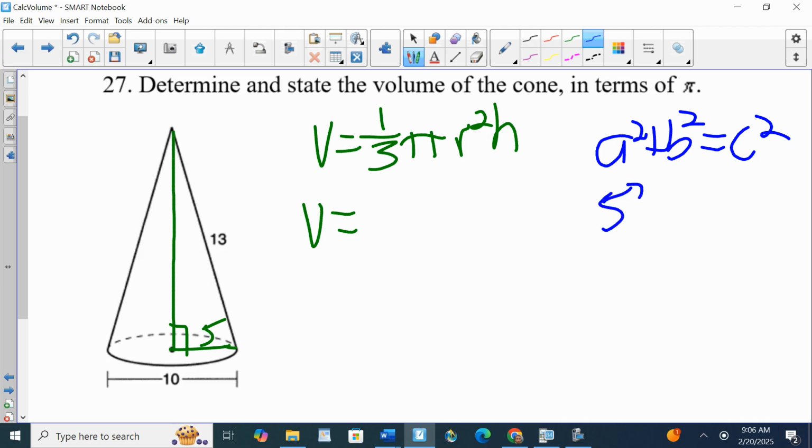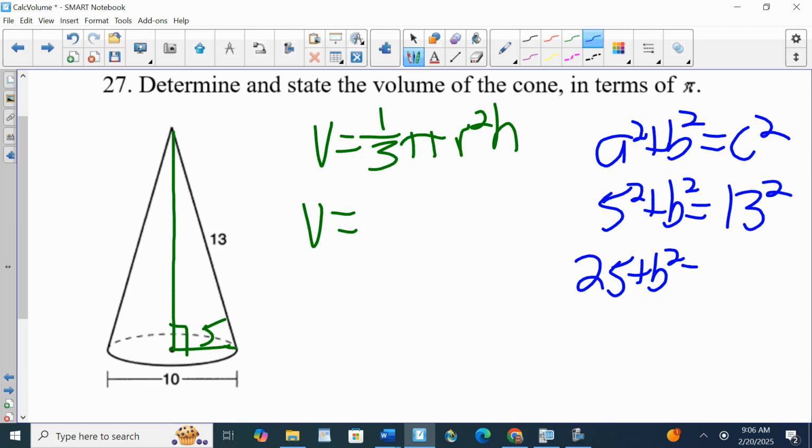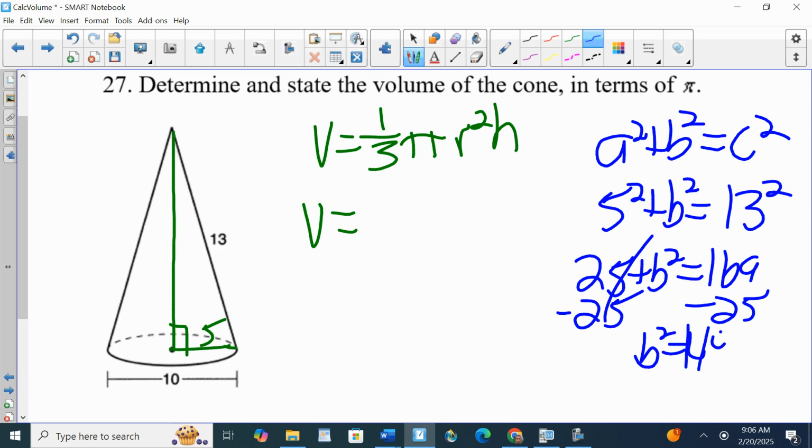So 5, and we'll call this B, what we're trying to find. C is the hypotenuse, the long slanted side, 13. 25, I do my Pythagorean theorem at this point. B squared equals 144, square root, use a calculator if you need to, 12.